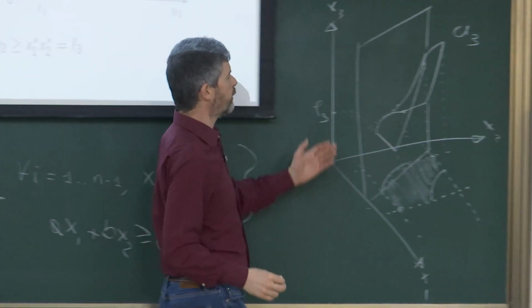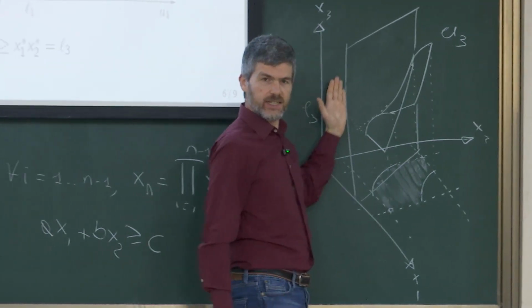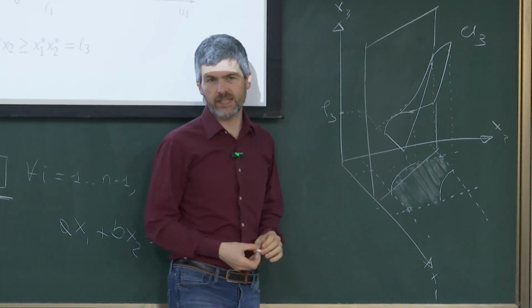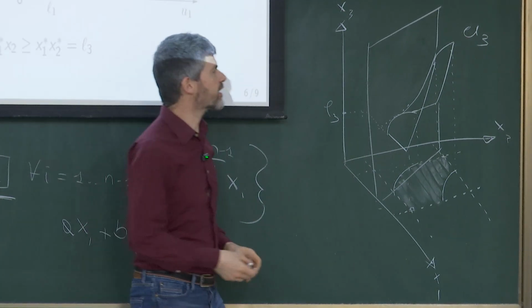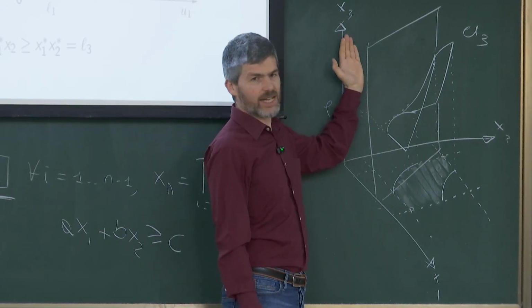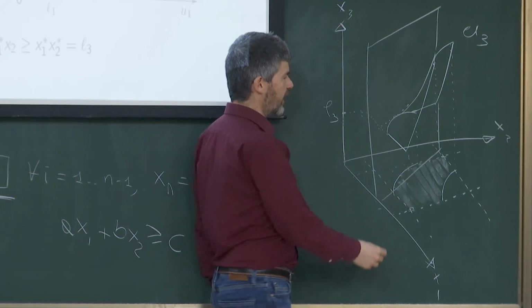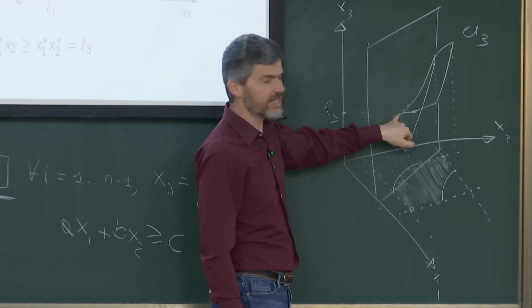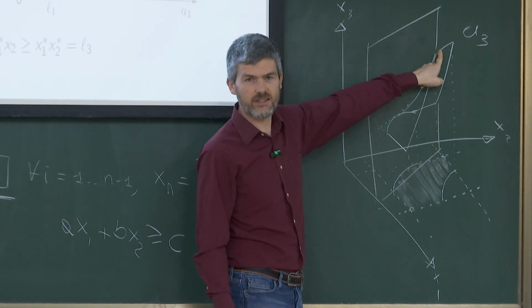What we want to do is the following. This hyperplane here is relatively loose. What we want to do is lift it with x3, because now we want to tighten this hyperplane. We want to make it tighter. So we make it tilt by leaning on this curve until it touches this other curve.